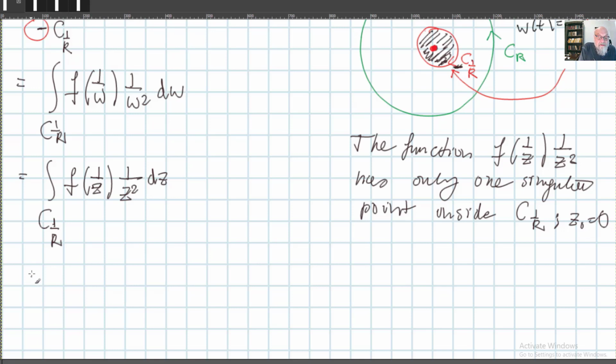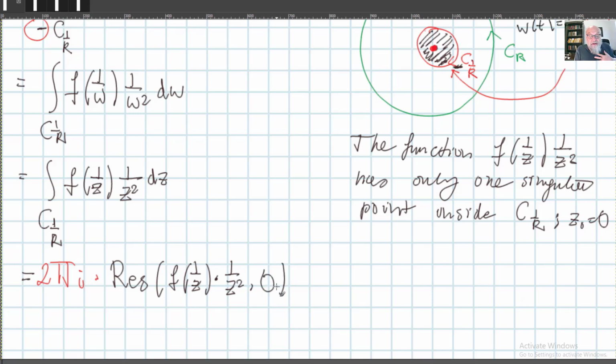So now we can say, okay, in this case I know what the answer is. This will be simply the residue of that function at that singular point, 0. And we forgot, of course, something very important: 2 pi i times the residue of f of 1 over z times 1 over z squared at 0.